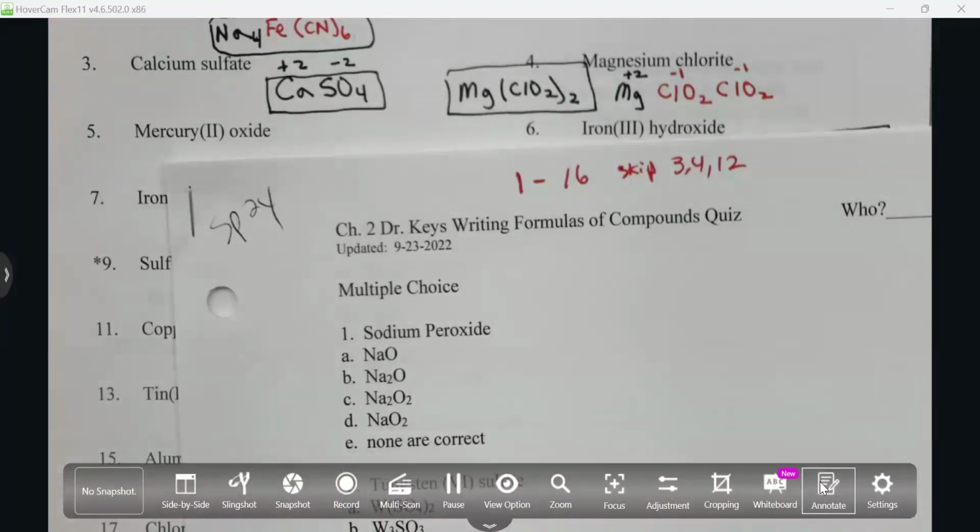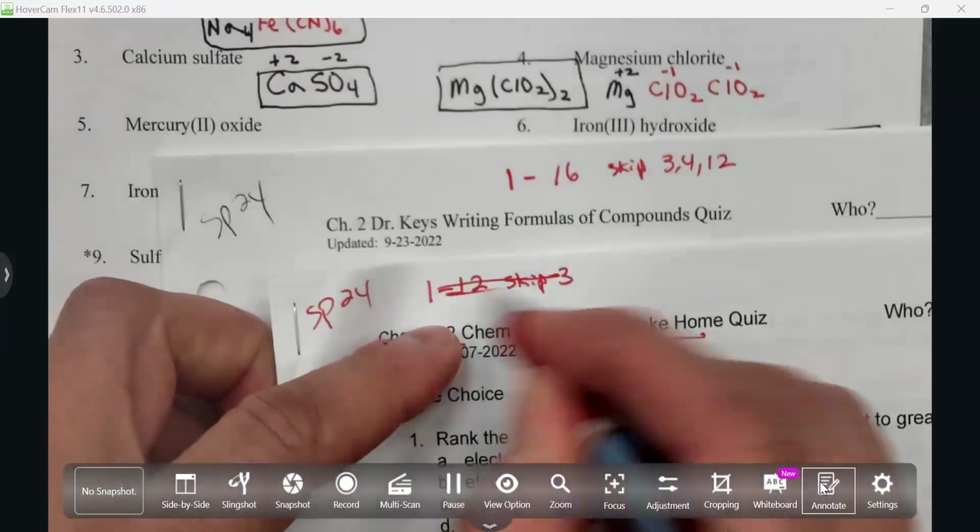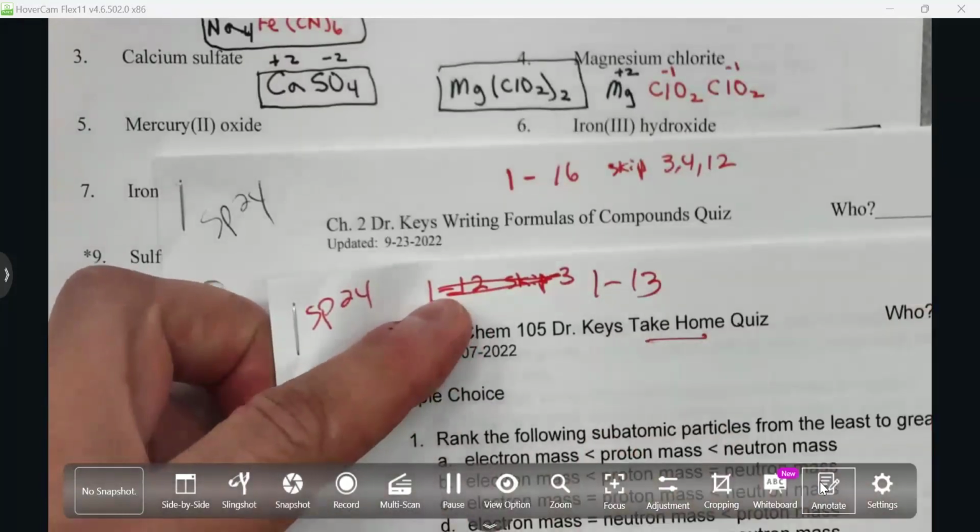Actually, 1 through 12 we had before. Let's see, is 13 on there? Yeah, you should be able to do 1 through 13 now. On this quiz, 1 through 13.